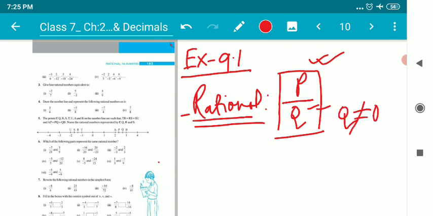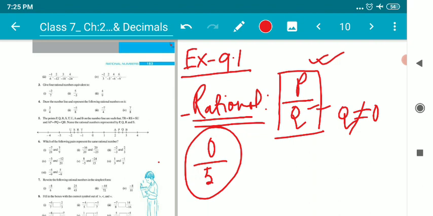Now the question comes: sir, we never see a number with denominator 0. Yes, suppose I can write 0 by 5. As I said, p can be any integer, so p can be 0 as well. P can be 1, 2, 3, 4, any positive or negative number. They can be written, but q cannot be 0, that's all. P can be 0 as well.